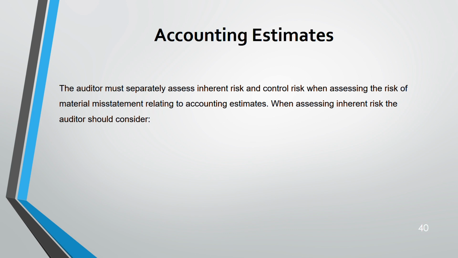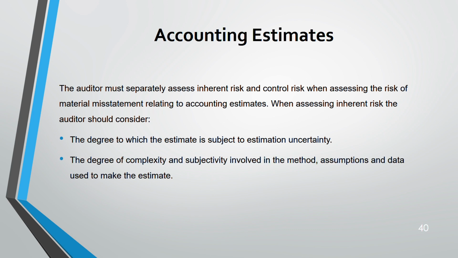So when assessing inherent risk, the auditor should do this. Inherent risk means whether you apply the control or not, this risk will be there. It is the degree to which the estimate is subject to estimation uncertainty. How uncertain the estimation could be. The more uncertain it is, the more the inherent risk is. Second, how complex and subjective the method, assumptions, and data used to make the estimate are.